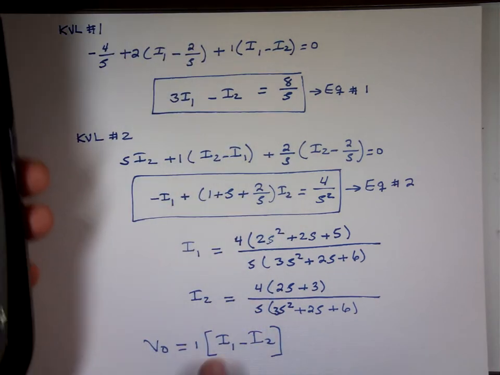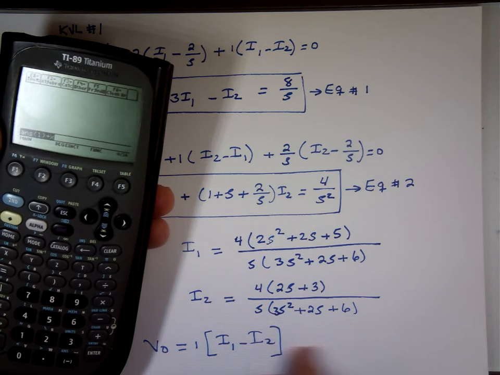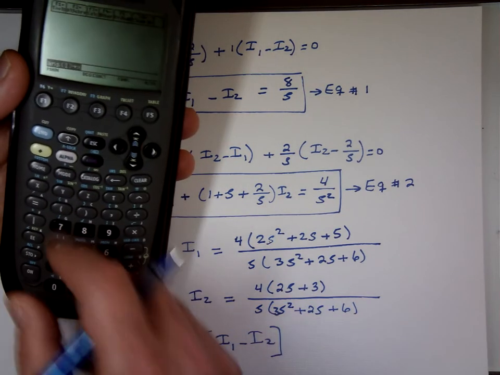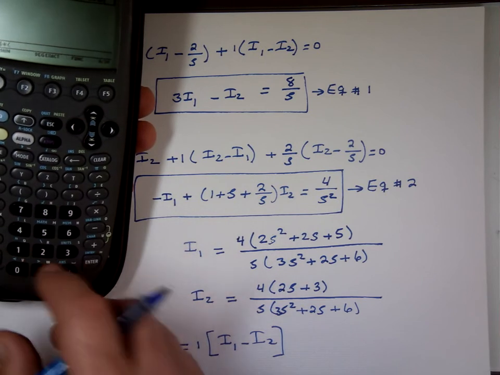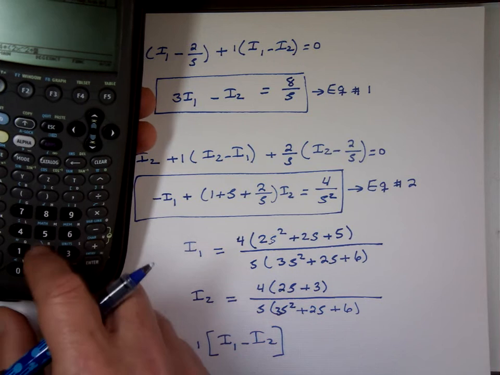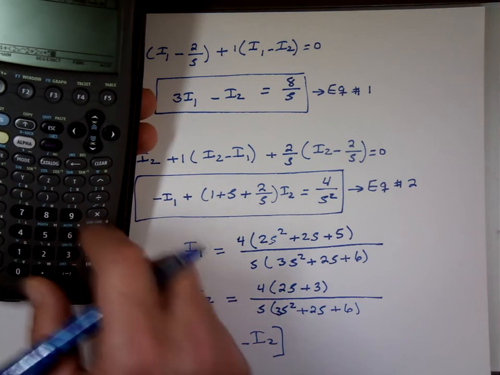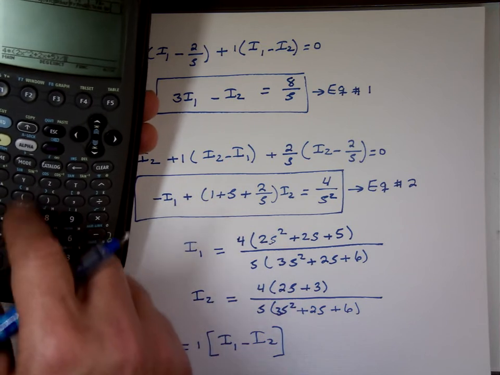I'm sure if I type these the way I see them there, this will simplify it for me. Here we go. 4 times, parentheses, 2x squared plus 2x plus the 5. I got something divided by x times, well, I should do double parentheses here.